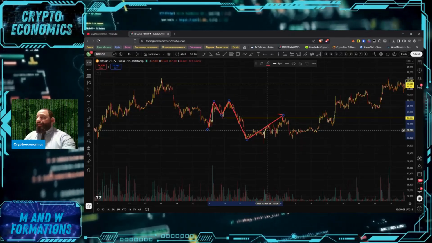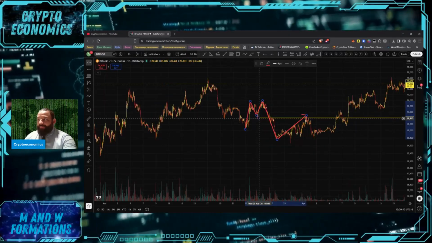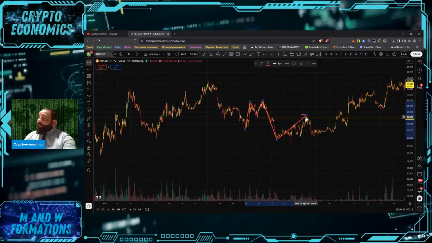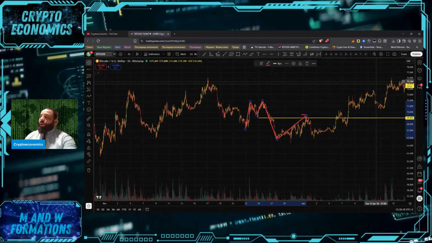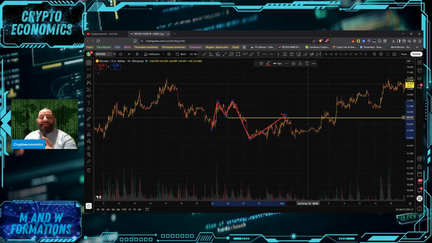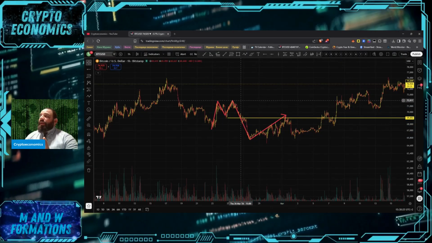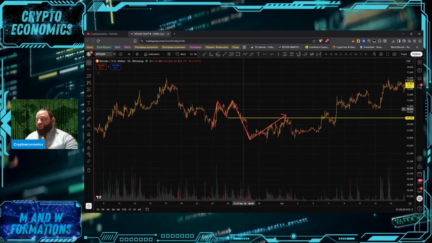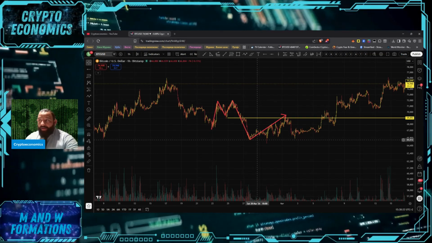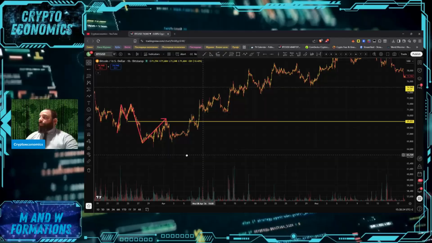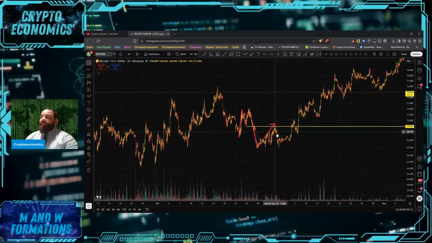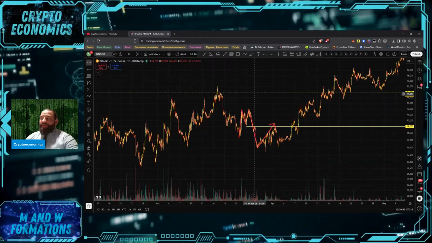Now, the second part of the formation, where we retest the middle part of the M or W, usually does happen, but it doesn't mean that we're going to see a lower low or a higher high. Not always. But the formation itself shows you several things. First, if you have formed a double top, the probability of the chart continuing downwards and making an M formation is very high. The other way around, if we have formed a bottom, as we've seen over here, the probability of the chart continuing upwards is a lot higher.